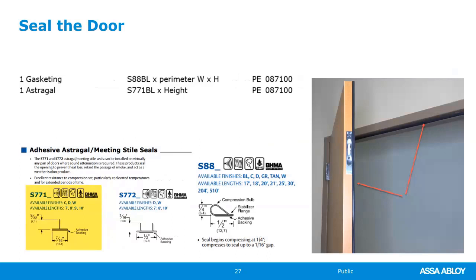This is not a fire rated opening, but again, smoke seal and the smoke seal astragal are always a good practice on any doors in a hospital, to help cut down on sound or odor as well as smoke. And sometimes your corridor walls are smoke partitions, so you may need it even though it's not a fire rated door, because it could be a smoke partition.